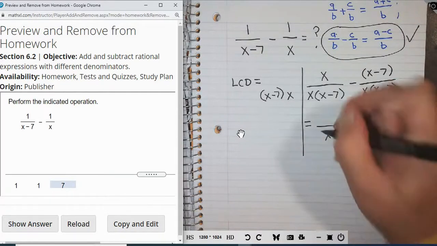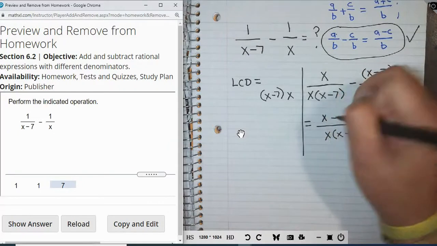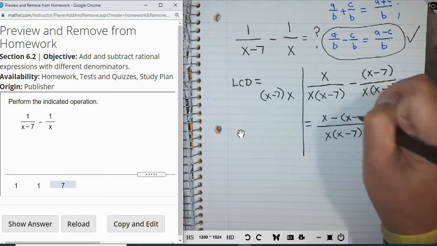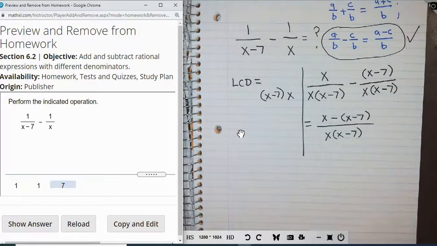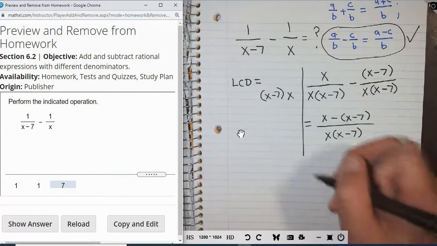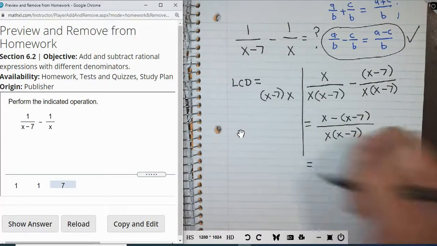So what we're going to have is x minus 7. That's one thing you might be able to do mentally in your head, but I am including this step just to emphasize what we're doing here. So let's continue.